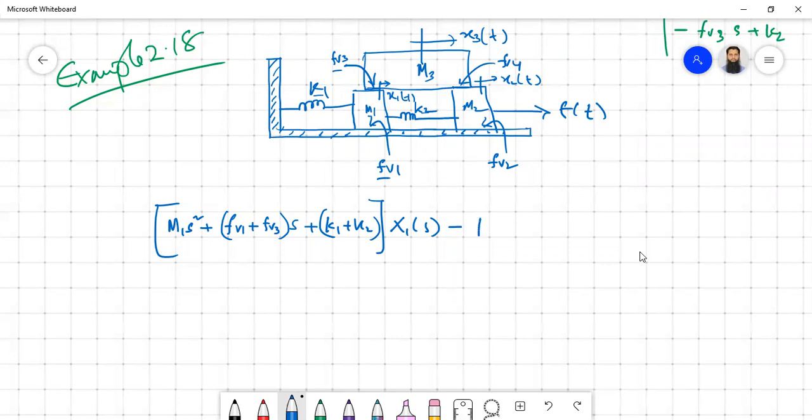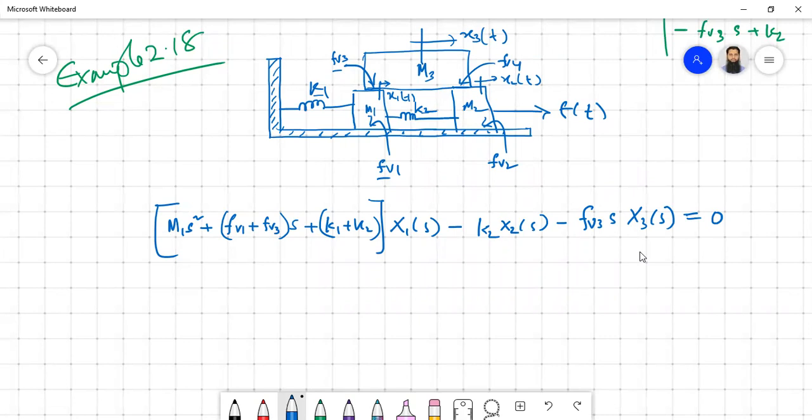So minus K2 X2S. What is common in between M1 and M3? FV3. So minus FV3 S X3 S. Is there any force on M1? No, so 0.